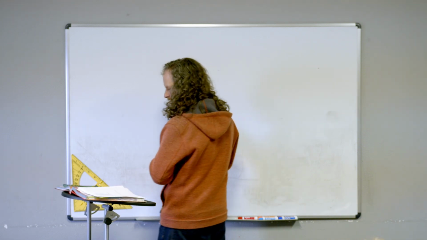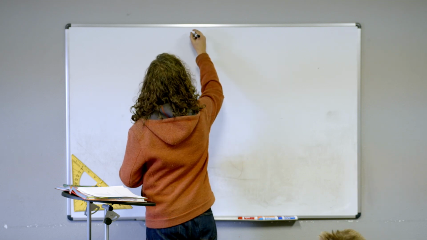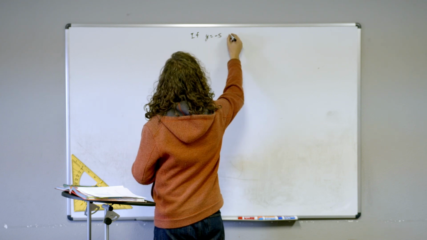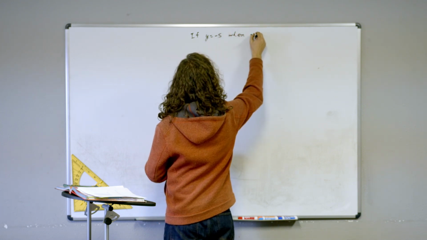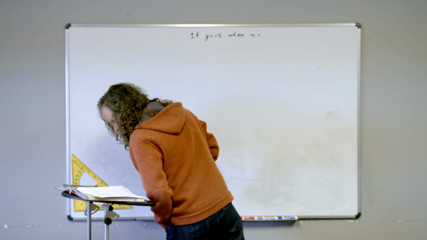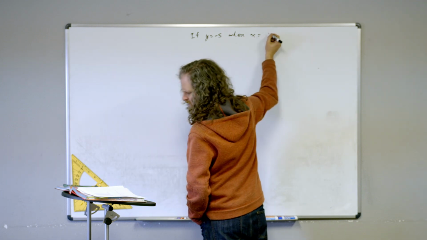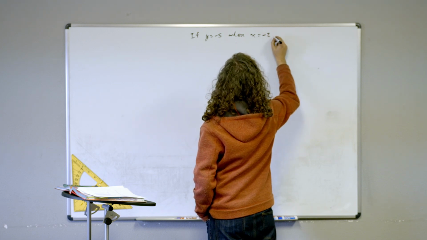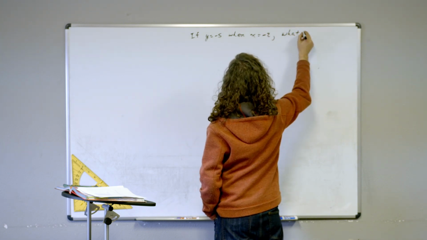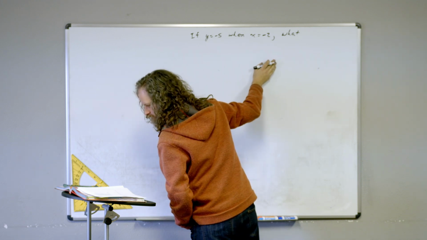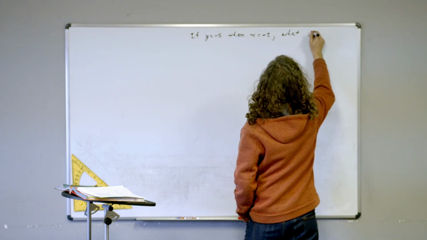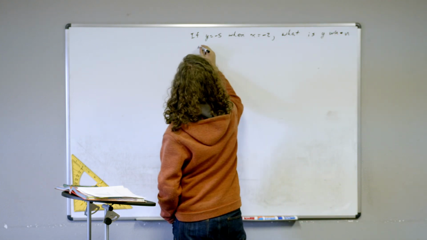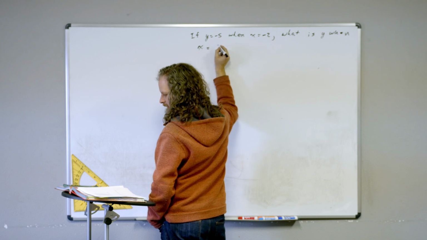If y equals -5 when x equals -2, what is y when x equals 14?